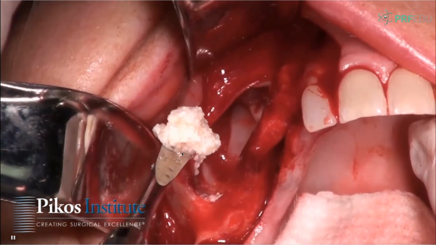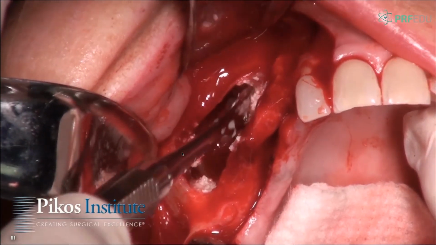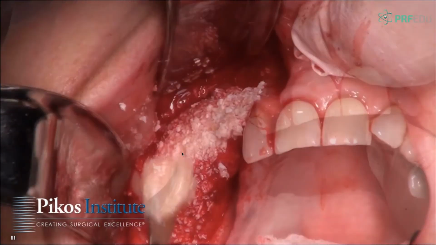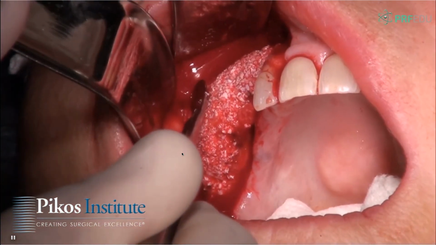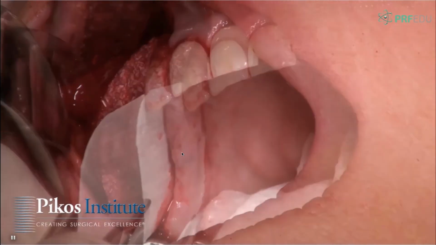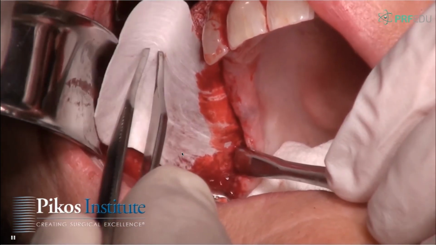But more importantly, look at how much easier it is to handle this grafting material that's been produced via sticky bone type consistency. Okay, so here you can take the graft and now you can mix it with platelet-rich fibrin and do your augmentation procedure. And again, he's doing simultaneously a GBR procedure here, so of course it's a big case.